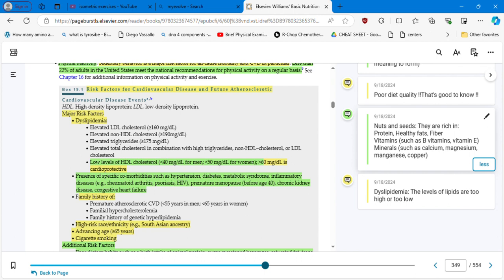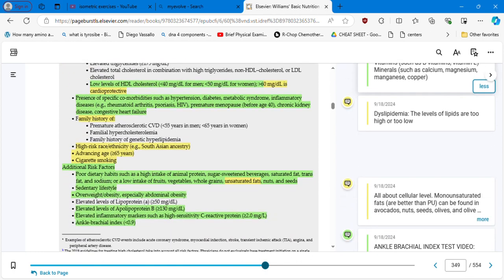So you need to start creating this habit of eating seeds, right? Your pumpkin seeds, your flax seeds, your sunflower seeds, your nuts, your cashews, all those are having good benefits, right?